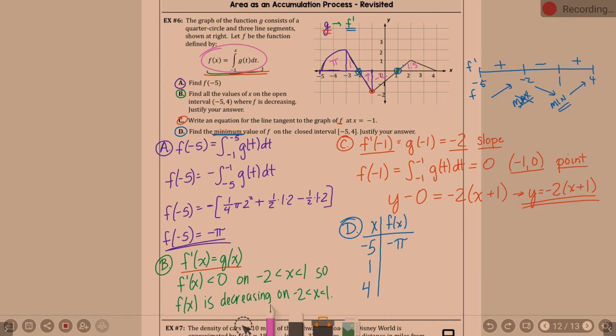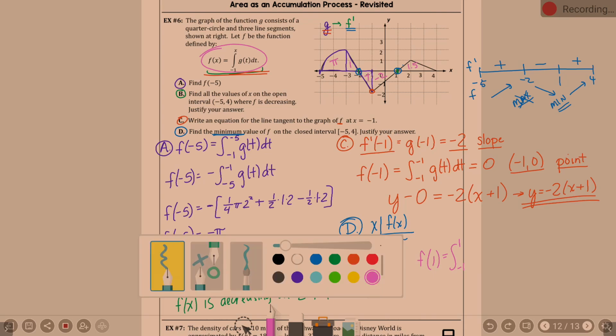What's my integral here? You start at -1. Maybe you guys didn't forget that, but I did. So when we do this, f of 1 is the integral from -1 to 1. What's that going to be? It's going to be -2. Right?